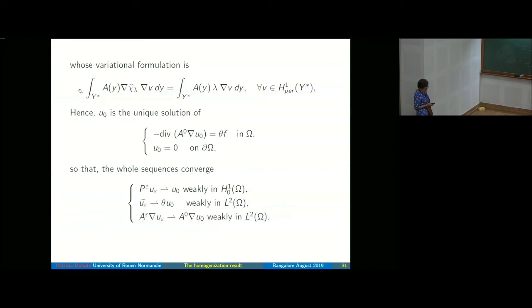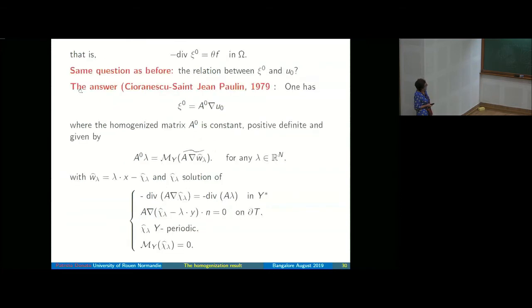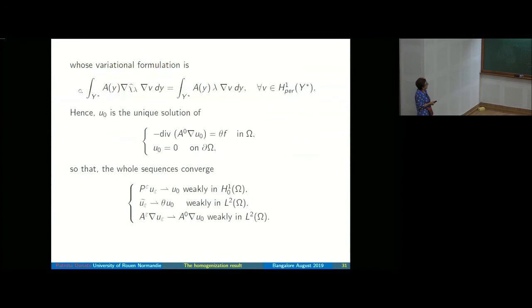Then, due to the fact that divergence of xi0, so now we use this one, so we have that minus divergence of xi0 is equal to theta f, and u0 equals 0 on the boundary of omega.